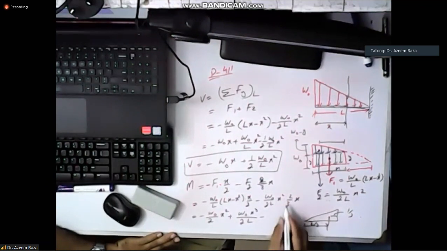And this 2 will be cancelled, so it will be 1/3 w naught over l x cubed.